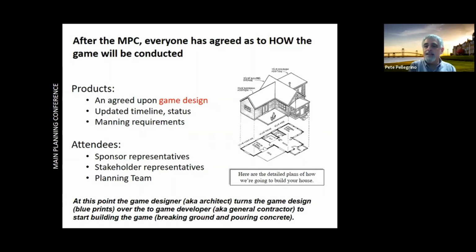That's what I need them to bless at this point. And this is critical because at this point, me as the game designer, think of me as the architect. You've blessed my little artist conceptions. You've blessed my blueprints. And I'm now going to turn them over to the game development team, the general contractors, who are going to start to make this thing.